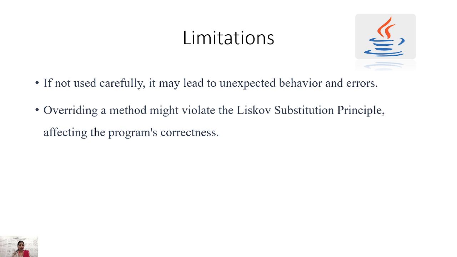Next, overriding a method might violate the Liskov substitution principle, which is one of the object-oriented principles in Java. So, if it is not used correctly, then it can violate the Liskov substitution principle, affecting the program's correctness.